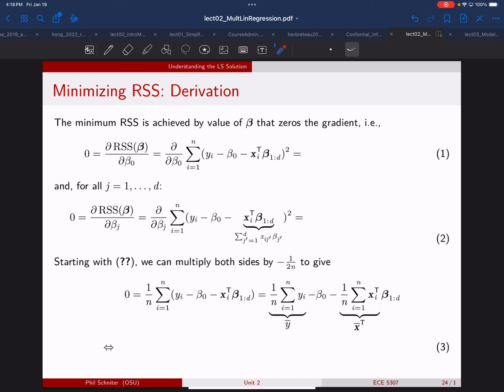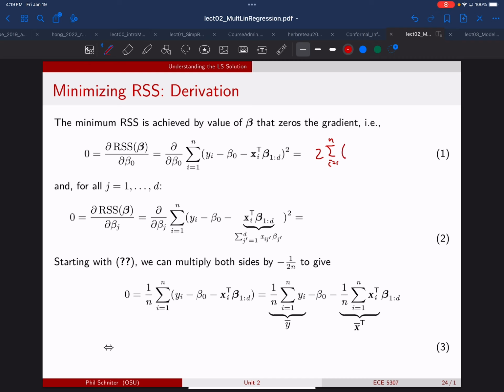When we do this, we're first going to move this through the sum by linearity. Then we're going to use the chain rule, differentiating this squared quantity so that we can bring the 2 out from the chain rule.